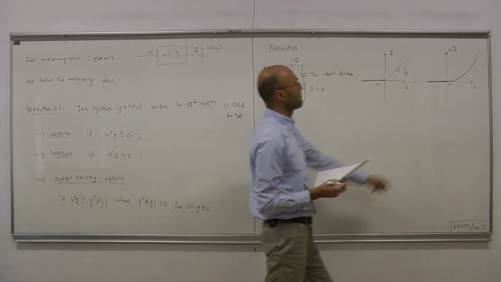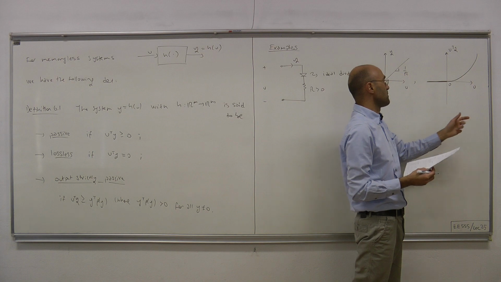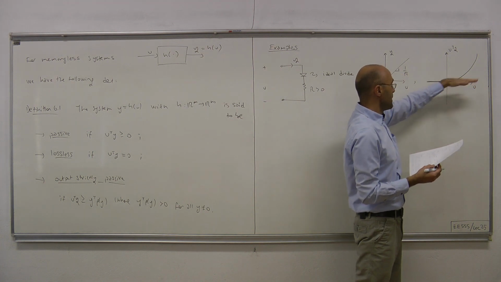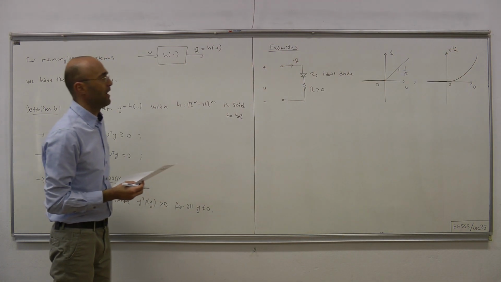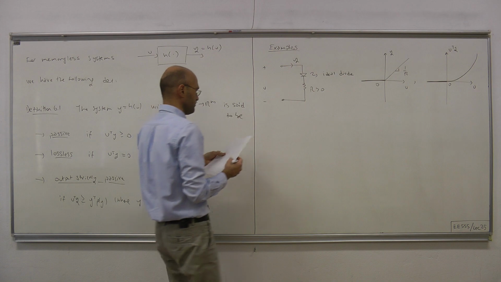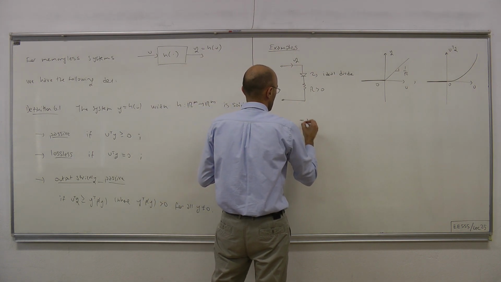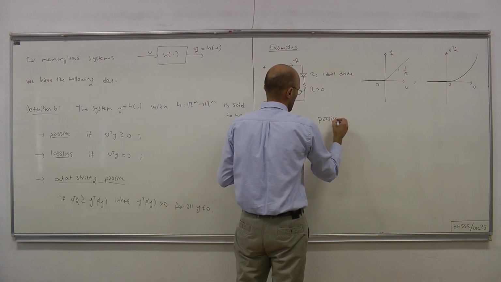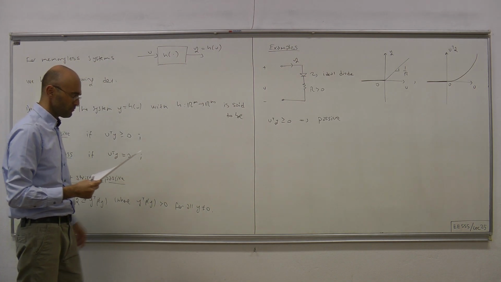In any case, this product u transpose y, in this case u times y, for all values of the input u is never negative, because the whole curve appears in the upper half plane. Therefore, this map is a passive map, or this memoryless system is a passive memoryless system.